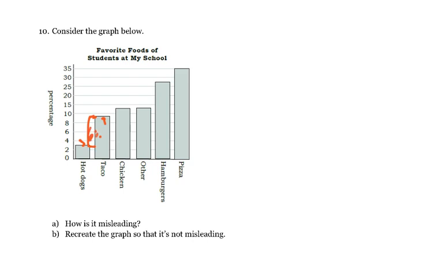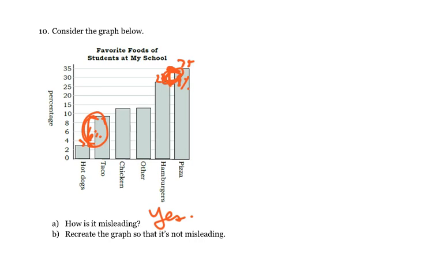But if I go look up here between hamburgers and pizza, well, this is at 35%, and this one is at 27%, and this right here is a difference of 8%. Why would the 8% difference be smaller than the 6% difference? So yes, this is misleading.